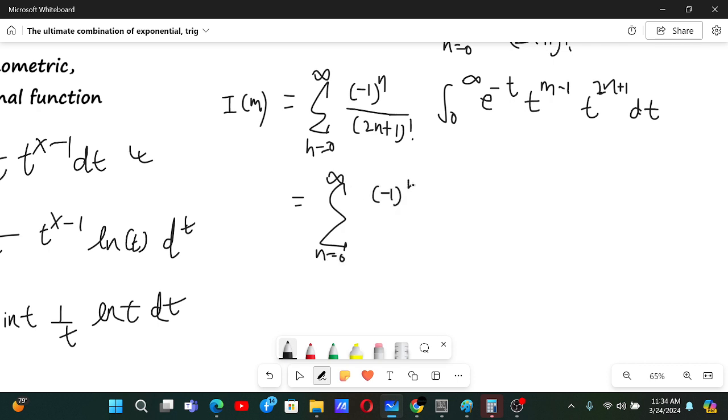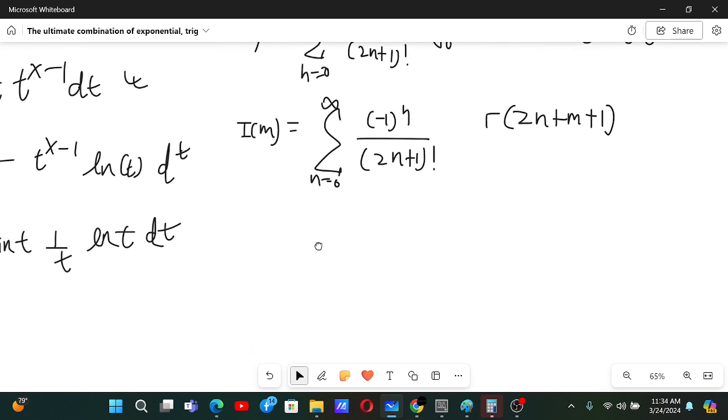Minus 1 to the power n by 2n plus 1 factorial. Now its integral will be, we basically have t to the power 2n plus m. So that's why we will have gamma of 2n plus m plus 1, and we will have this expression. Now this is I of m. And now we have to find I dash of 0.